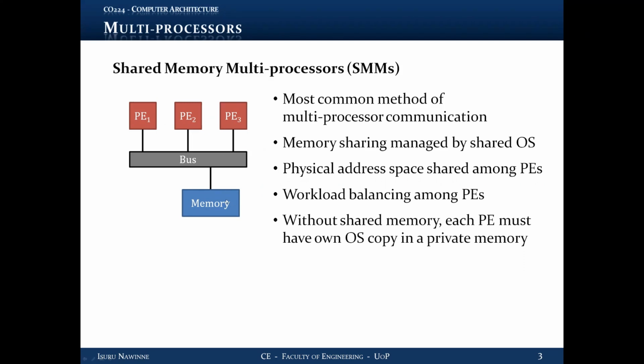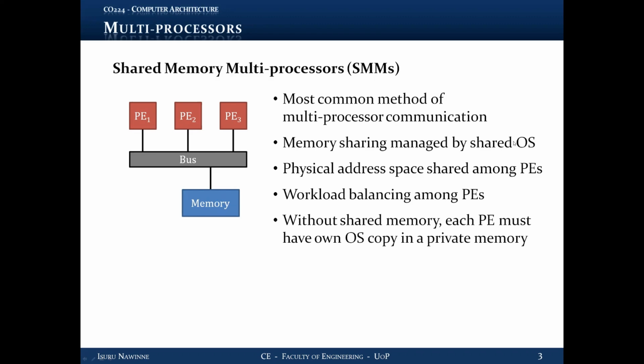So when memory is shared between processors, there should be some mechanism to manage how memory is shared, right? When you're writing or reading from shared memory, there should be some sort of arbitration, and that is done by the operating system. Which processor can access which portion of memory, whether that memory portion is shared or private, all those things are handled by the operating system.